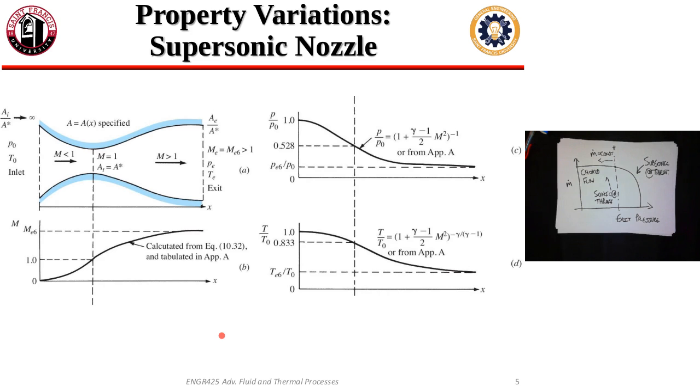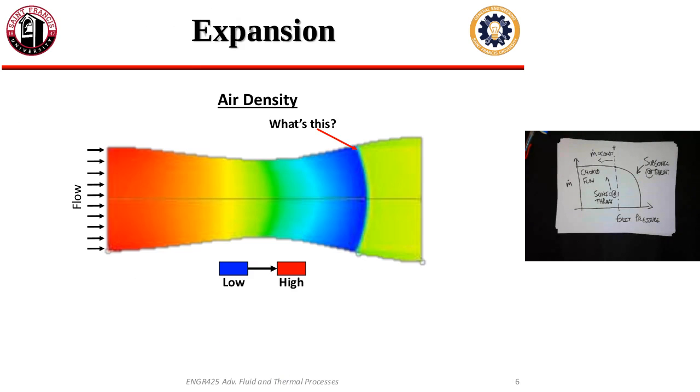But let's go the other direction. We talked about turning our exit pressure down. So crank that down. We have choked flow, and the nozzle is going to want to try to deliver air at the same pressure as is at the exit, right?